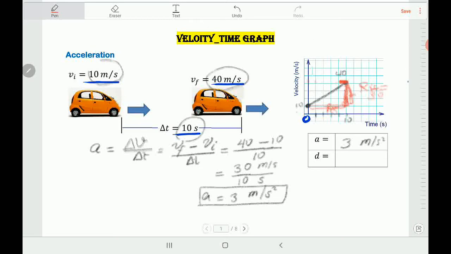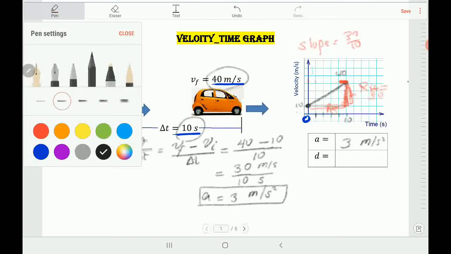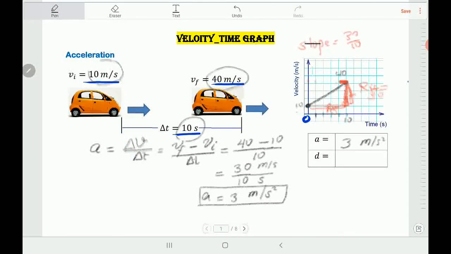So the slope in this case is equal to 30 over 10. Let's change the color so you can see. So the slope is equal to 30 over 10, which is equal to 3 meters per second squared again. So it's very important that we understand this point, how you can find the acceleration from the graph, and you can find it mathematically by this equation of the acceleration.